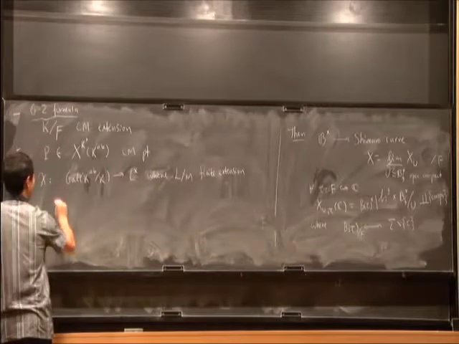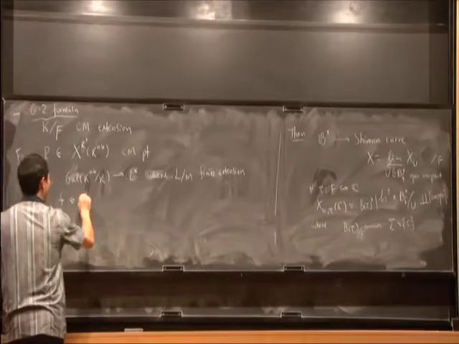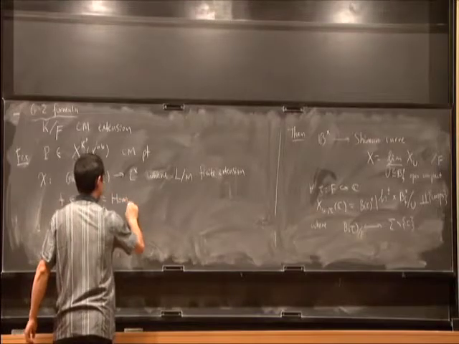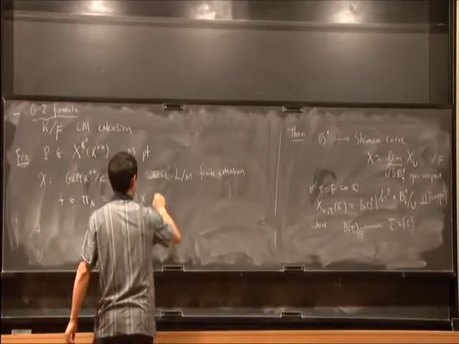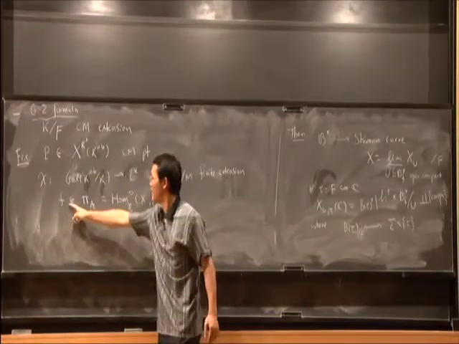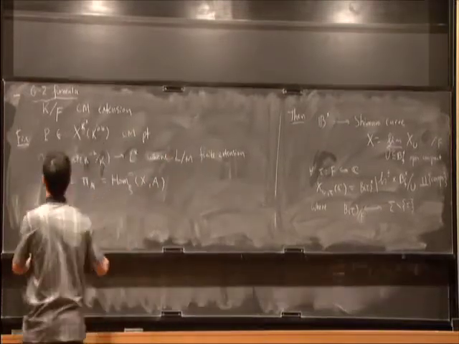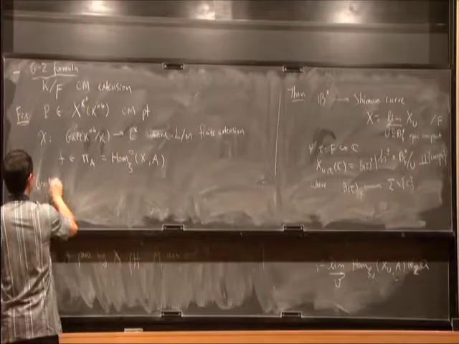Now suppose we have this f in pi A. So this pi A is Hom from X to A. By this f, we map this point to A, and then get a point.